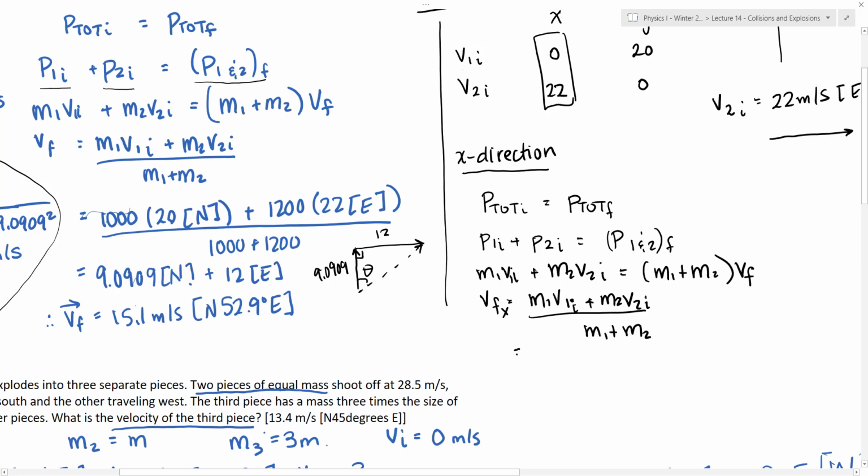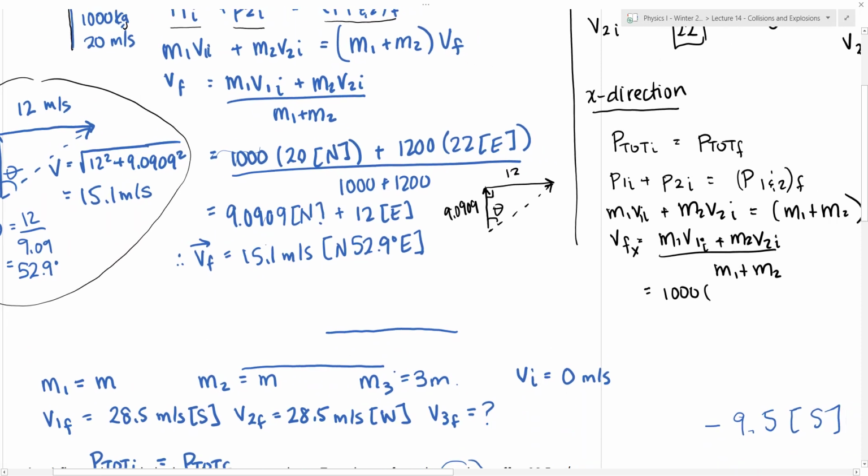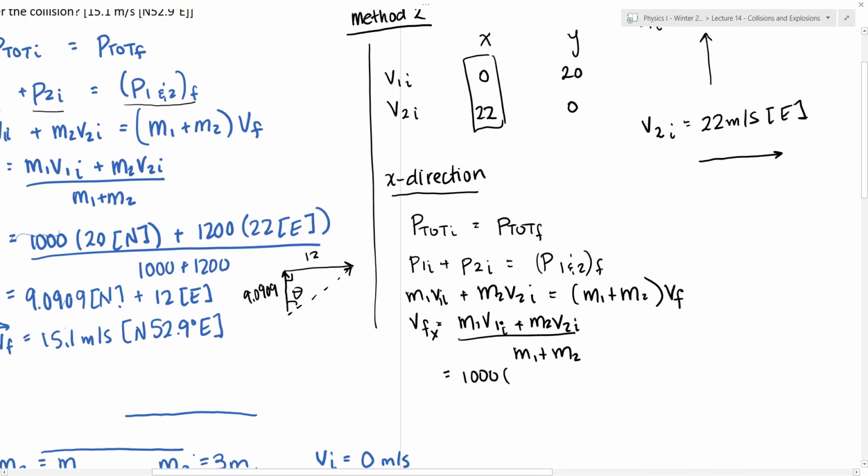So if I plug in all my numbers, my mass 1, I'm talking about the first car that has a mass of 1,000. My V1 initial is from the table 0 plus my mass 2, which is 1,200 kilograms, times my V2 initial, which is 22, over the total mass M1 plus M2, which is 1,000 plus 1,200, 2,200.